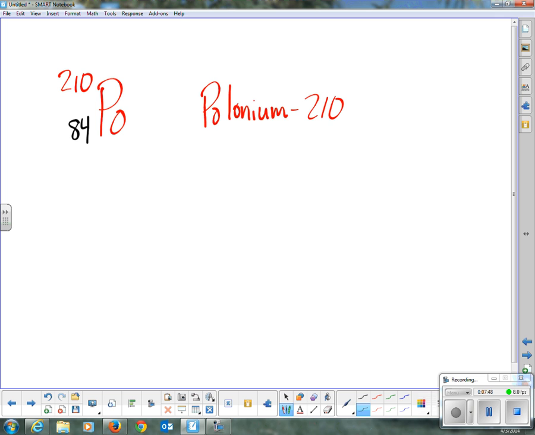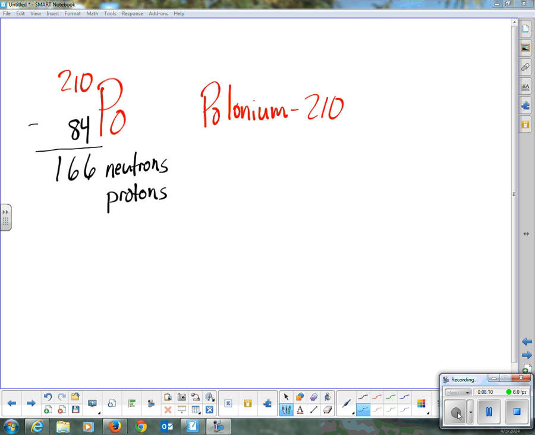Now, all I have to do is subtract those two, and I wouldn't write this on the actual paper, but you subtract them and you get the number of neutrons, which in this case would be 166. This would be the neutrons. The number of protons would be 84, and that would be the number of electrons also.